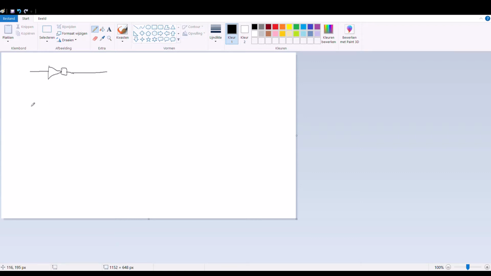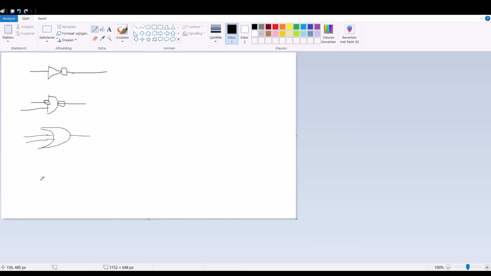Next one is the AND. So you draw a straight line, half circle, that's it. So again, you can draw a circle, or if you want to invert it at the beginning, you can draw circles here. An OR is quite the same as the AND, but with a little bow to it. This is a really big OR.